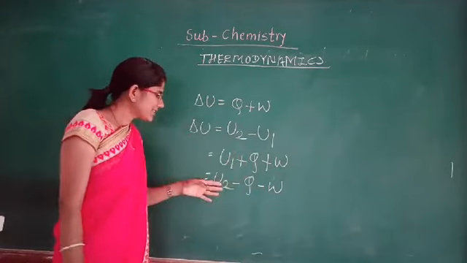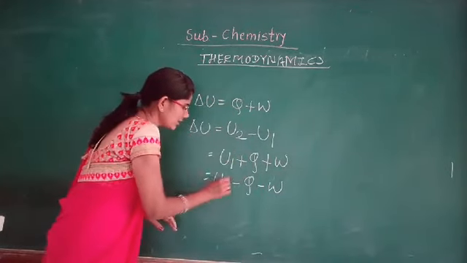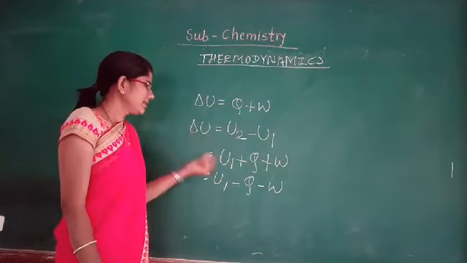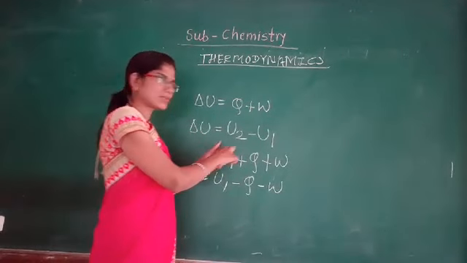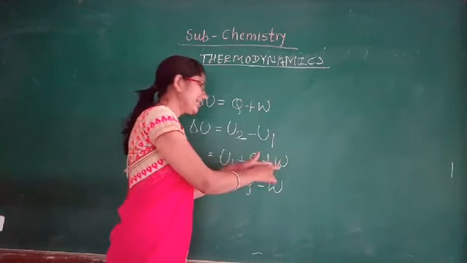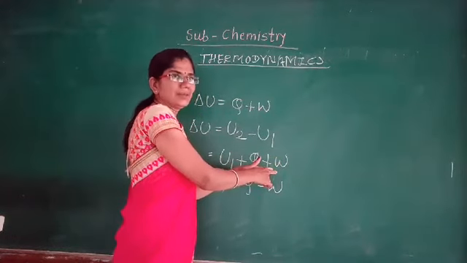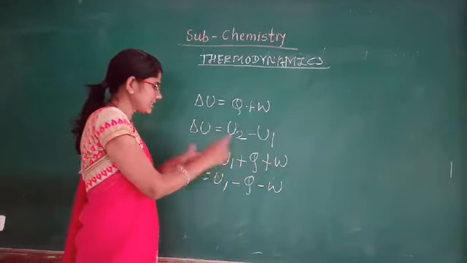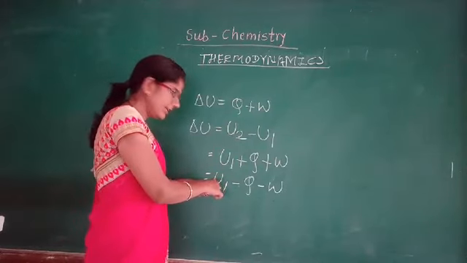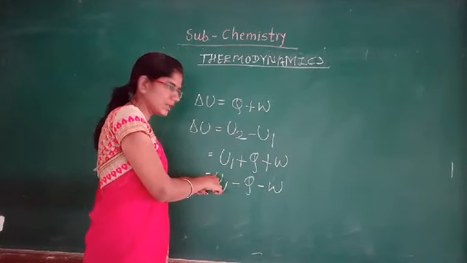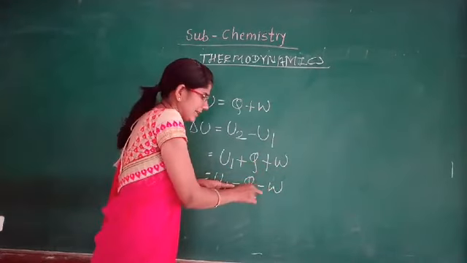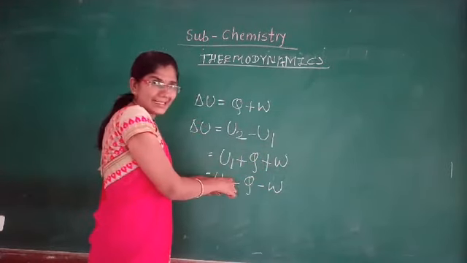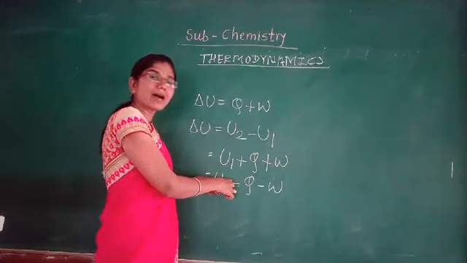In both the cases the energy will be changed. If internal energy absorbs heat, at that time work is done on the system, and this is the change in energy. Also again, if internal energy is U1 and work is done by the system, that means minus W, at that time heat is released by the system.